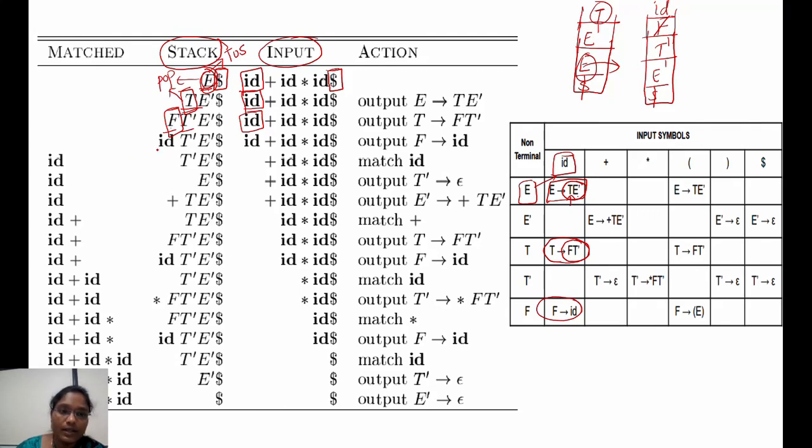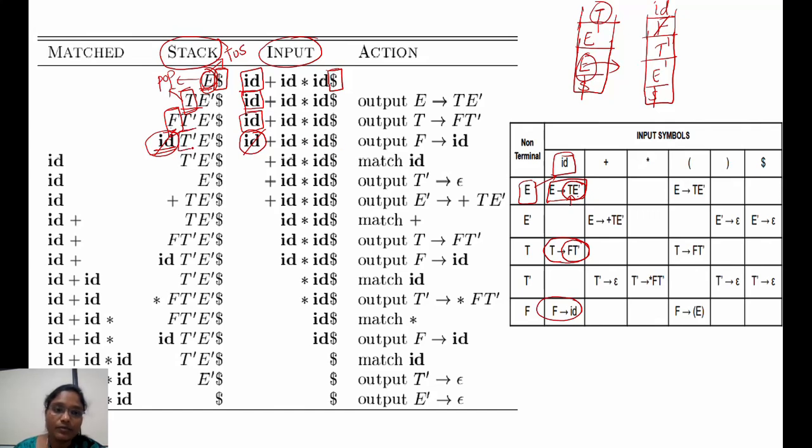Now the top of the stack is a terminal, which is the same as the first input symbol that we are reading in our input string. Since these two match, we pop this from the stack, and since this becomes a matched symbol in the string, we can remove this. So now the remaining input is plus ID star ID dollar.